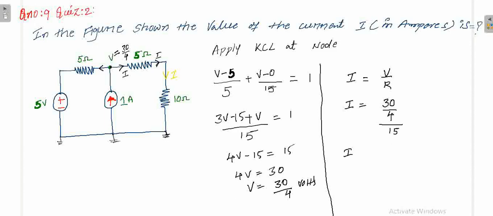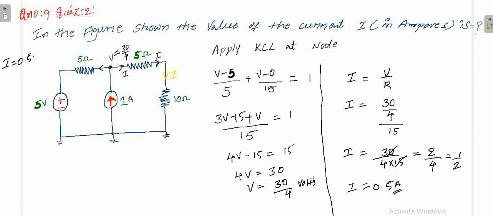So I is equal to 30 by 4 into 15. Here you will get 2 by 4, which is nothing but 1 by 2. Then I is equal to 0.5 amps. Here we got I equal to 0.5 amps.